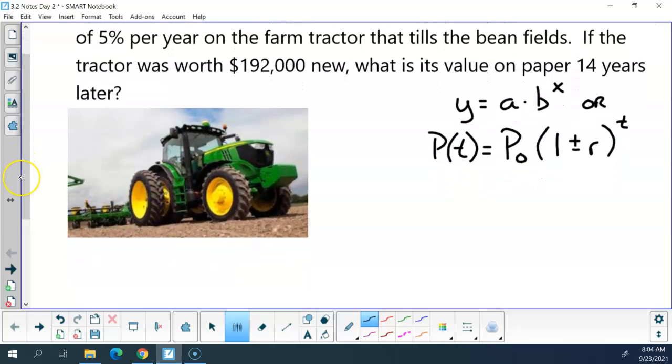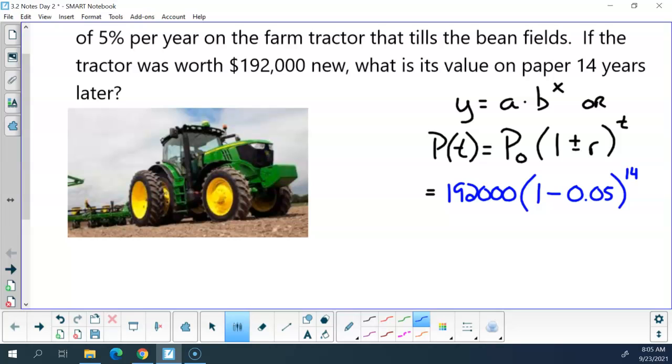So using this formula, that would be 192,000 times 1. Am I going to go plus or minus my R? Minus, because it's depreciating in value. The rate was 5%, and we went for 14 years.